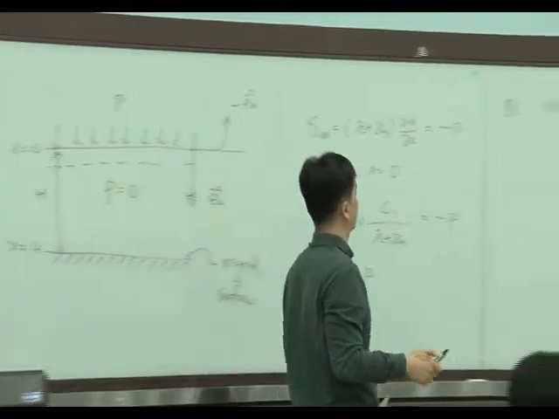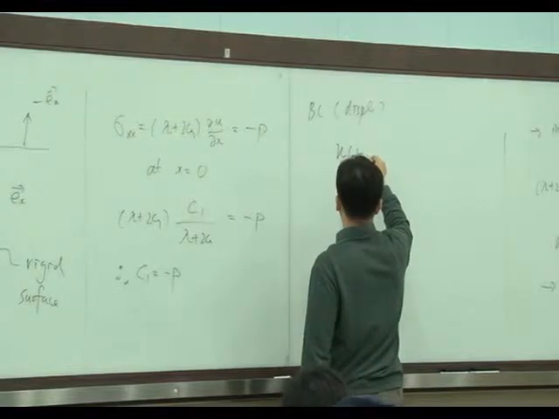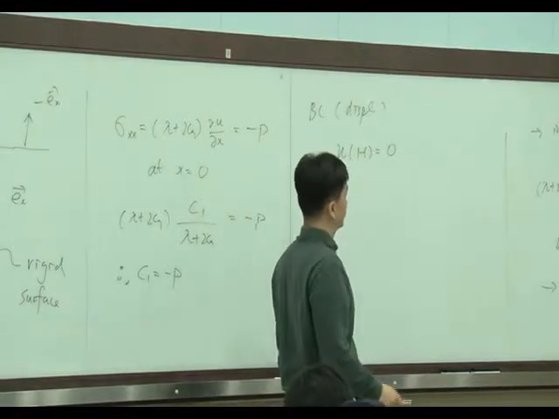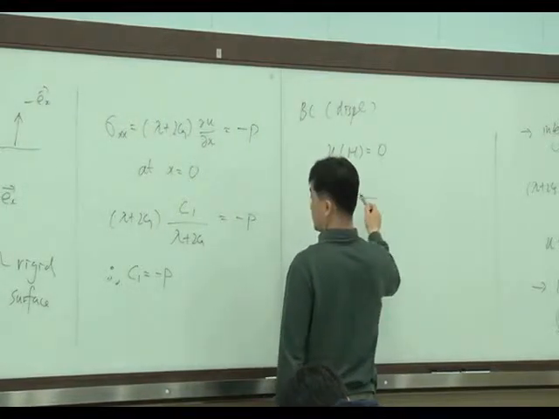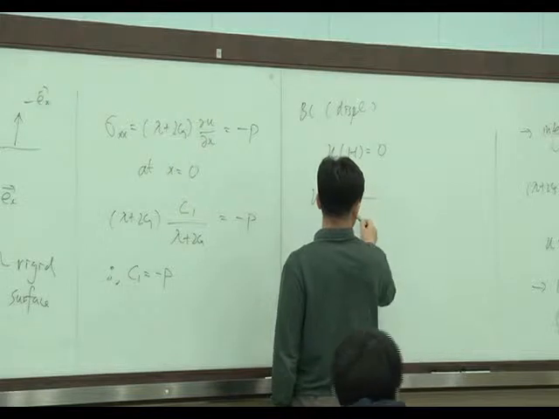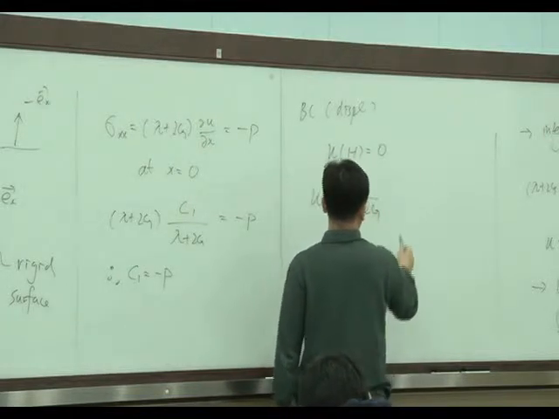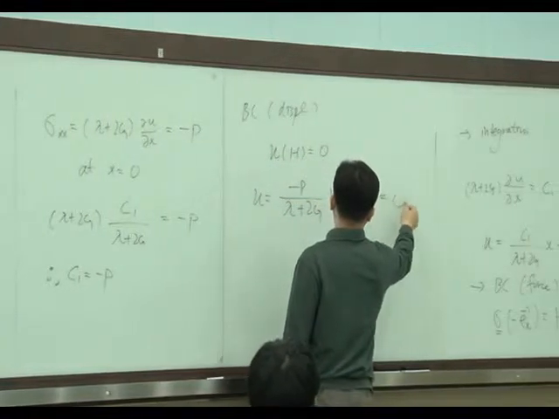So u(H) equals 0. So u equals minus P over (lambda plus 2G) times H plus C2 is 0.